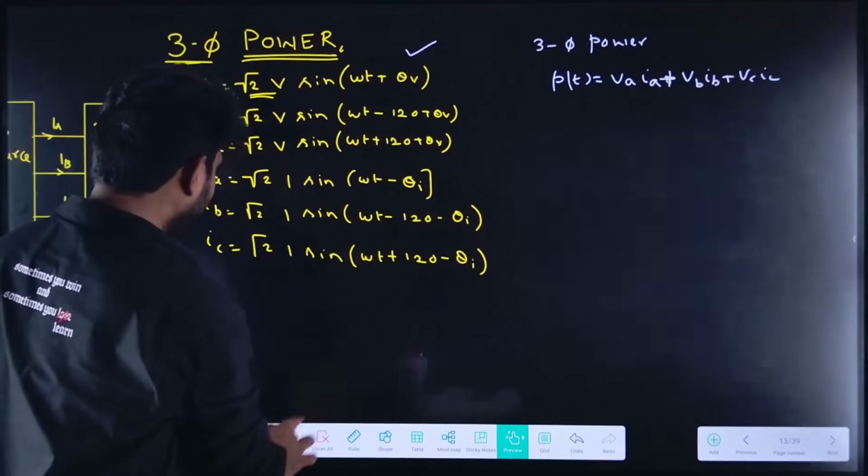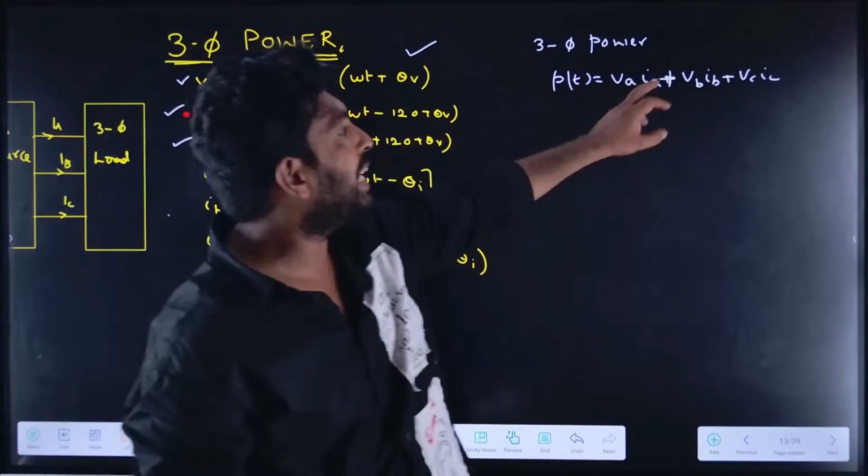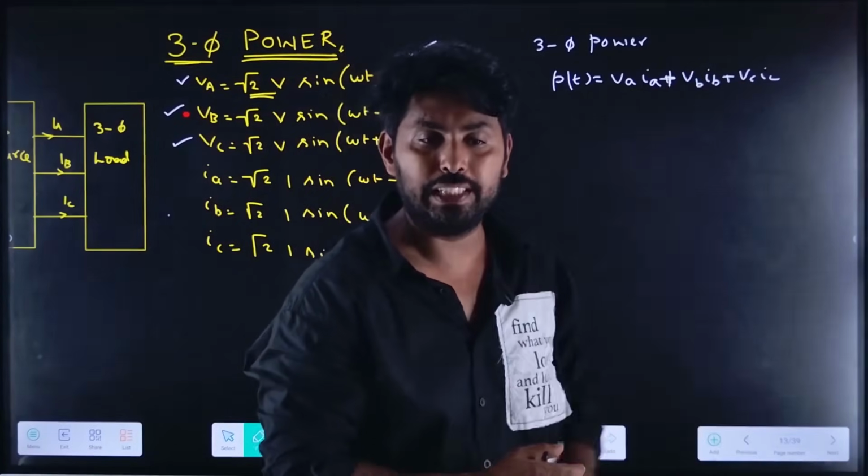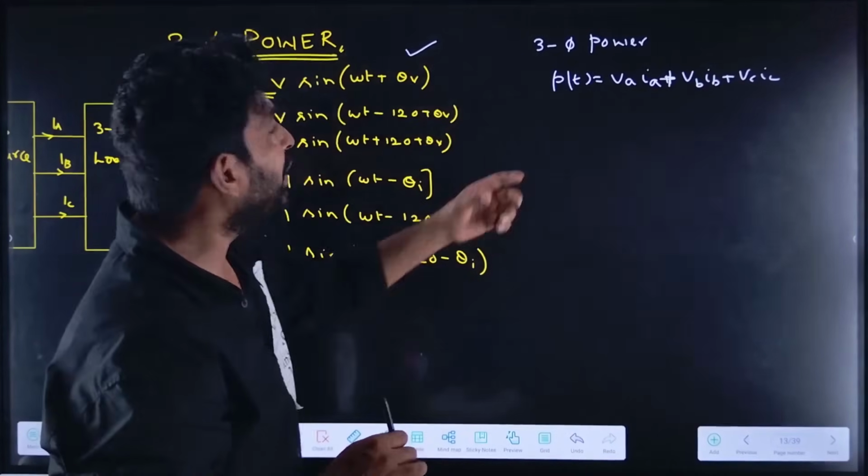Power equals VA into IA for each phase, plus VB into IB, and VC into IC. Now let us find VA into IA.